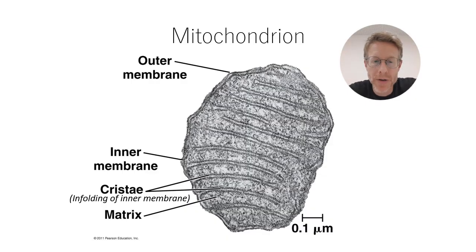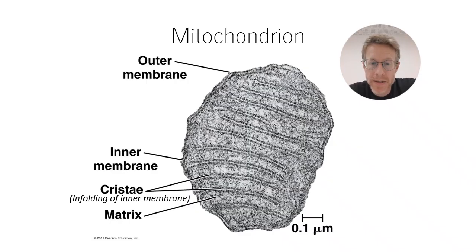So here's an electron micrograph of a mitochondrion, image taken using an electron microscope. And we can see some of the structures you need to be aware of. It's a double membrane around a mitochondrion. There's an outer membrane and an inner membrane. And the inner membrane is folded into these long folds called cristae.